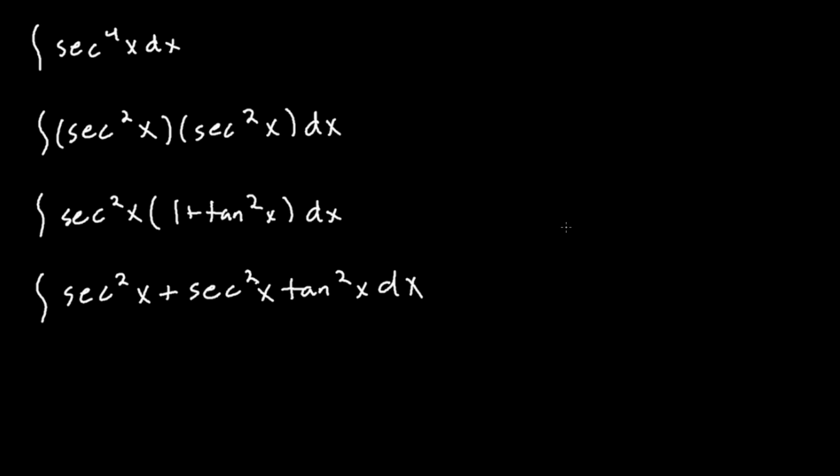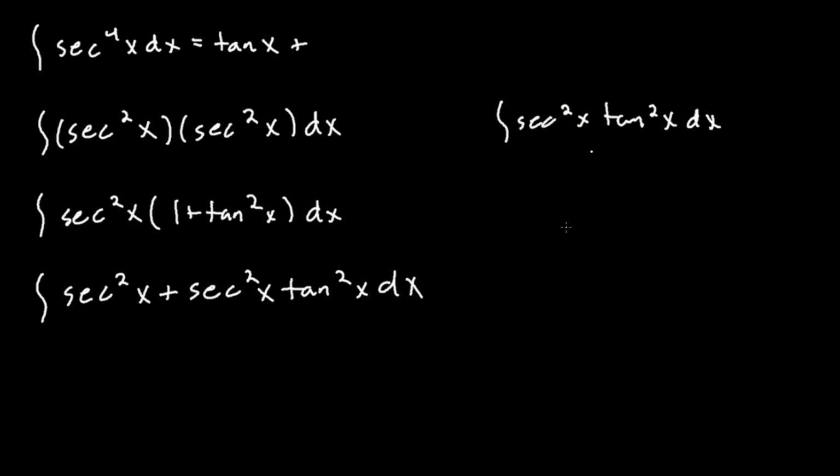Well, we can separate this integral into different parts, correct? Because there's a plus term here that separates these two sections of your function. So we have secant to the power of 2. Well, the integral of secant squared is an identity. It's just tangent. So let's write tangent on the first part. Tangent plus, because we have a plus here. And we just need to solve for the integral of secant squared tangent squared.